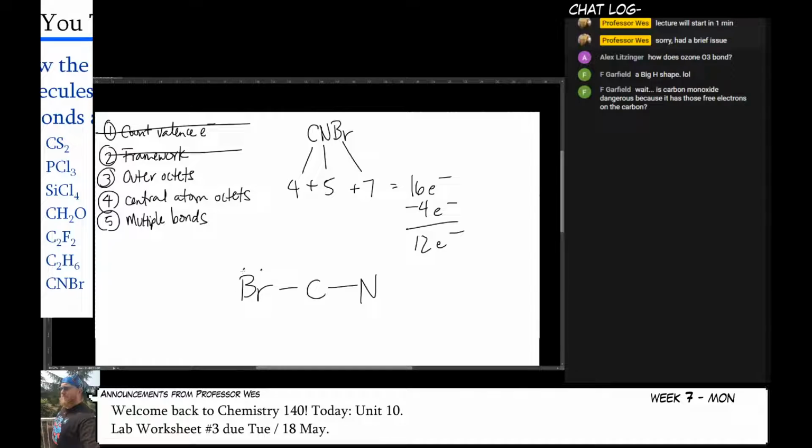So 2, 4, 6, 8, 10, 12. All right. Well, now I have nothing for my central atom to bind to, so now I got to make multiple bonds. What do you pick? Well, again, we got to follow those guidelines, right? Group 7 only wants to make 1 bond, so if I can keep this one like this, we're in good shape. Group 5 wants to form 3 bonds. Well, that's good because I need 3 bonds so that my carbon can have an octet. This is the best structure.